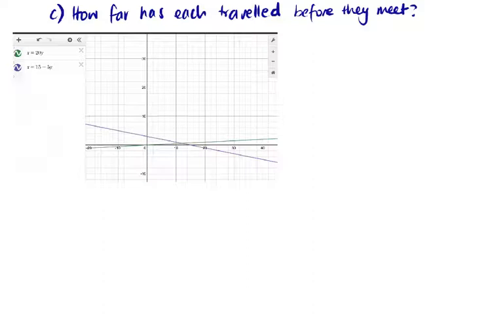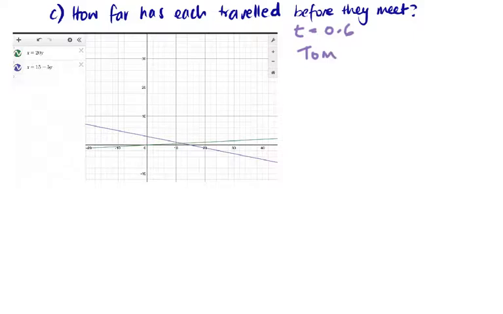Part C says, how far has each travelled before they meet? So what we want to do is find out the value of D for both of them when t equals 0.6. So what we're going to do is substitute t equals 0.6 into each of their formulas. So first we're going to do Tom.